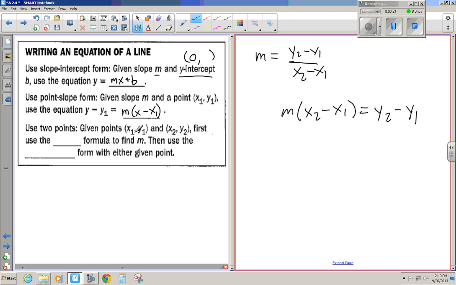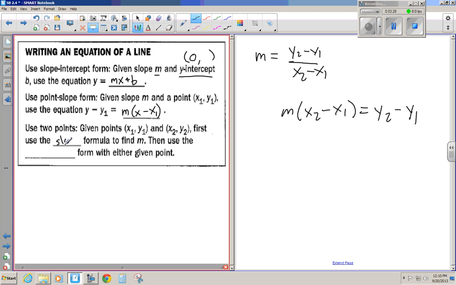All right, use 2 points. If you're given one point and a second point, first use the slope formula to find m. Then use the point-slope form with the given point. Now you're supposed to write in here point-slope form because you are given a point and you now know the slope.